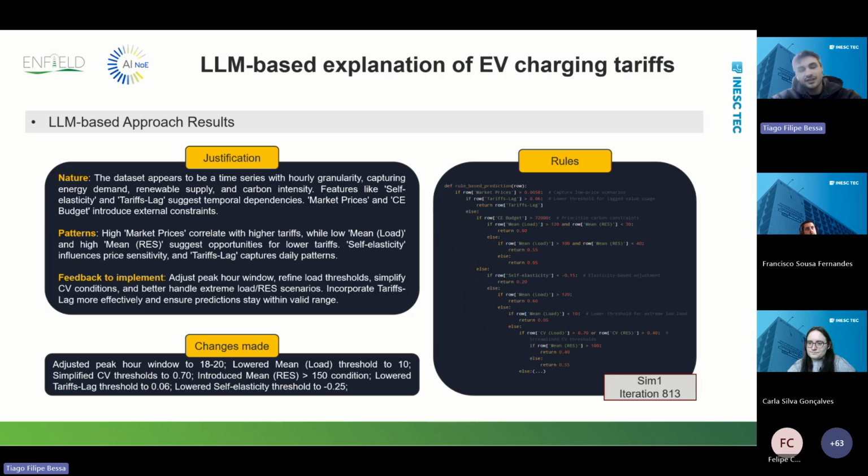It talks about the nature of the dataset, the patterns that it identifies, and the feedback that it was recommended to implement. Of course, it also outputs the changes made string, that is the sentence that is going to be introduced in the history table that I talked about earlier.